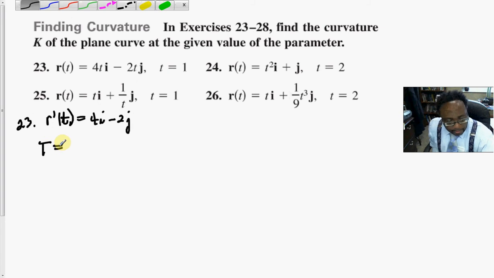So T here is equal to r prime divided by its norm.